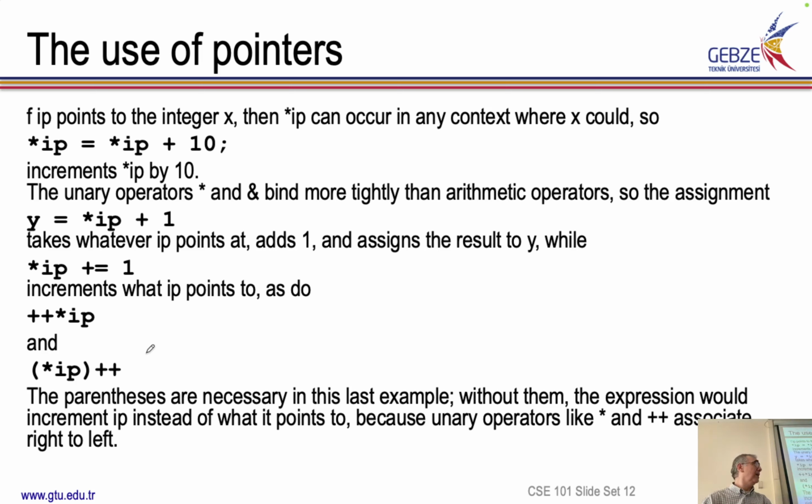So the content can be incremented, like star IP is star IP plus 10, star IP plus 1, or IP plus plus. Well, if you use the parentheses, the content is incremented. If you don't use the parentheses, the pointer is incremented.